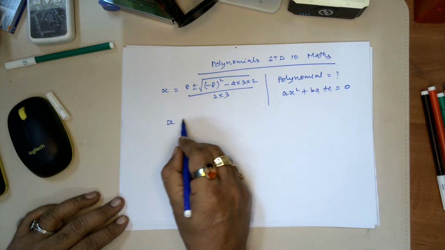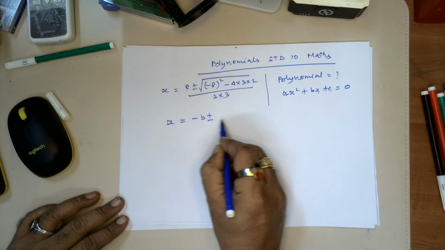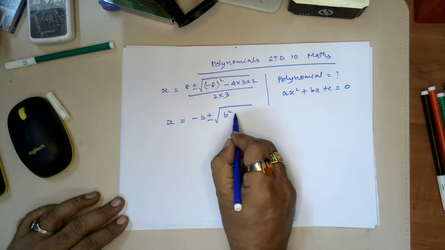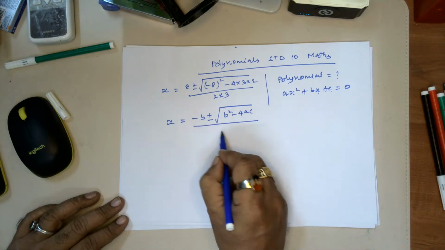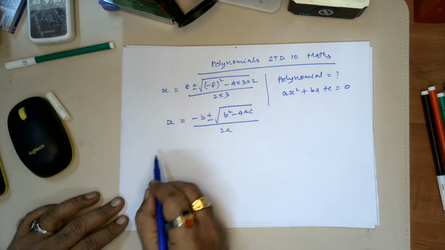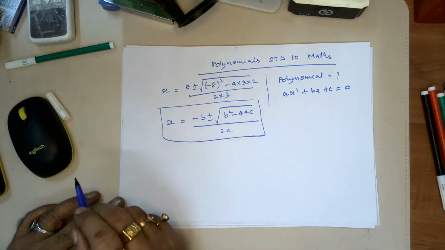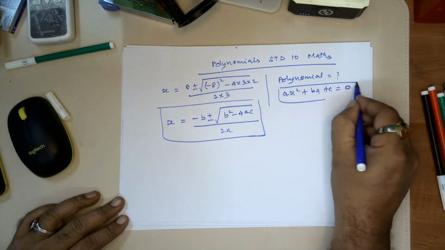We know this equation: x is equal to minus b plus or minus the whole square root of b squared minus 4ac, whole divided by 2a. So this is the standard solution to solve the quadratic equation of this format.